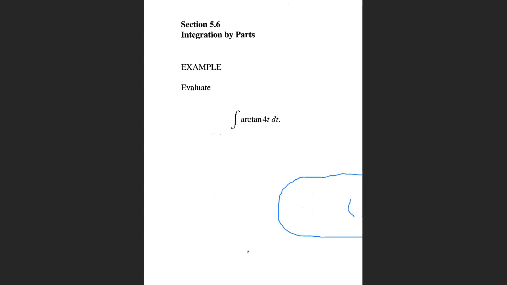And like the previous two problems, where we had the product of two dissimilar functions and used integration by parts, I'm going to show you how to handle this kind of problem. Let's go to the solution.